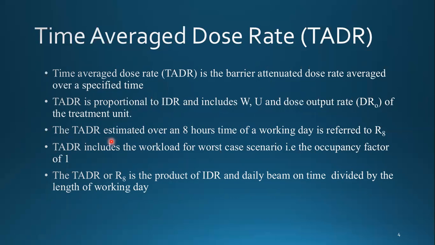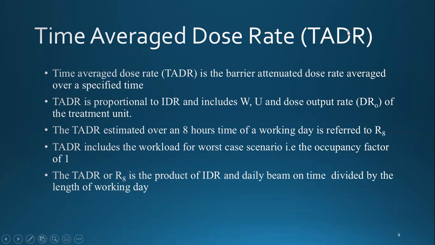The TADR estimated over an 8-hour time of a working day is referred to as R8. The TADR includes the workload for the worst case scenario, that is the occupancy factor of 1. The TADR or R8 is the product of IDR and daily beam on time divided by the length of the working day.